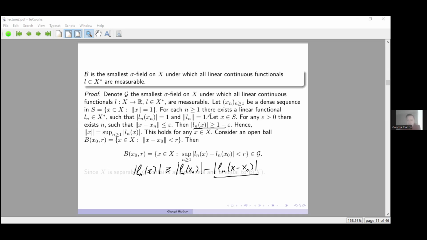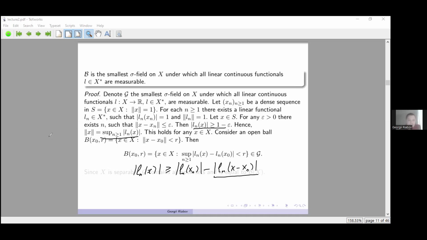And now if we take the supremum over all n of l_n of x, then this supremum will be as close to 1 as we need. In other words, the norm of x coincides with this supremum.